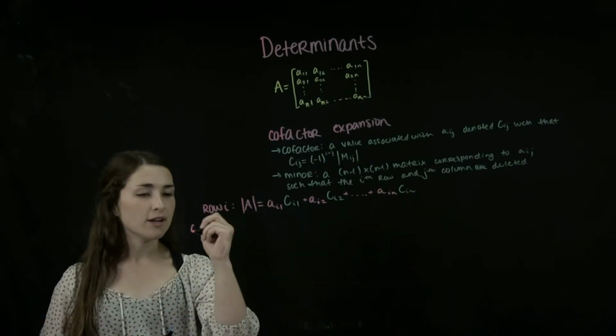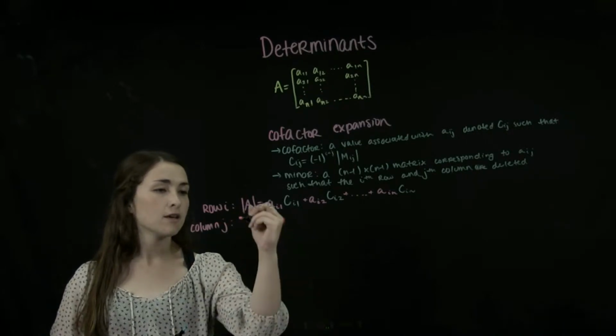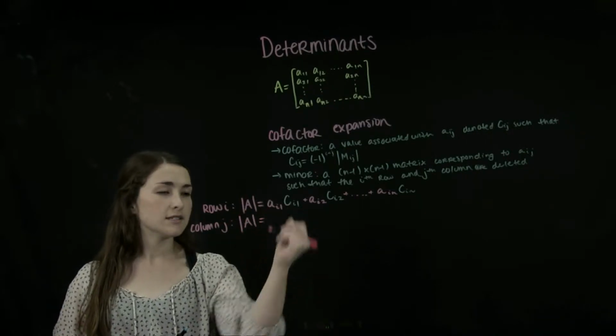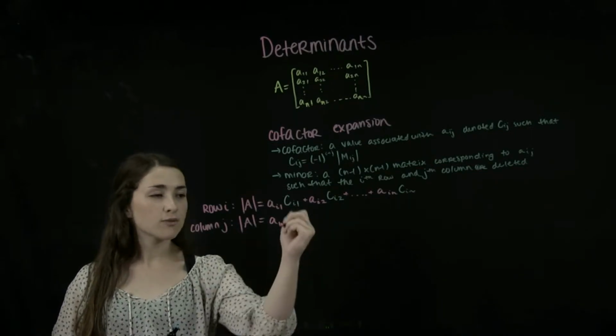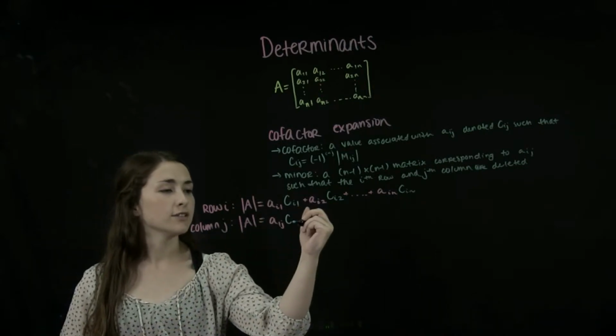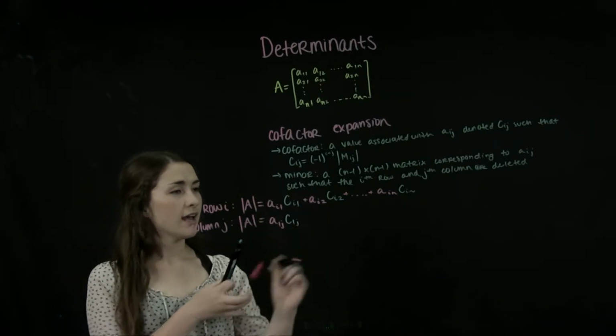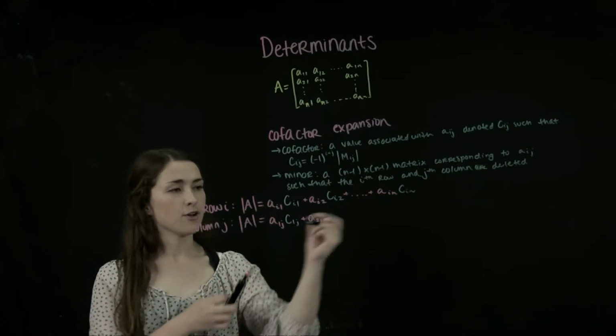So let's look at if we wanted to expand along column J. Then we know the determinant of A is equal to the first element of column J. So we're going to have in the first row, jth column, and its corresponding cofactor, and add it to the next term in the column times its cofactor.